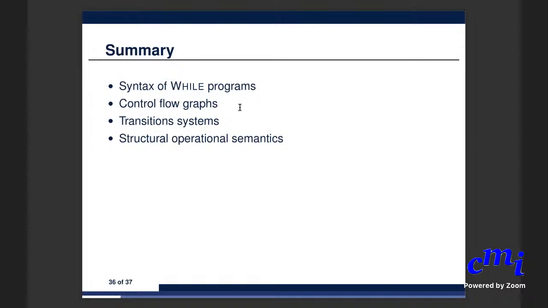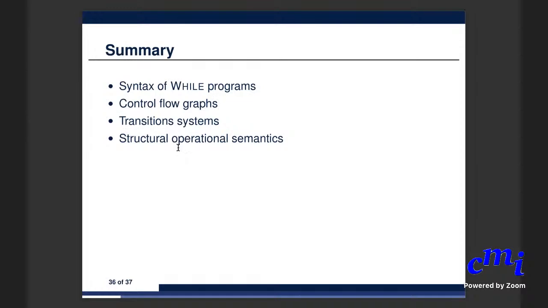Because the correctness of all model checking and static analysis is according to that formal semantics, you need to understand the formal version of the semantics, which is what we did by means of transition systems. A control flow graph was just a simplified way of denoting the syntax of the program.